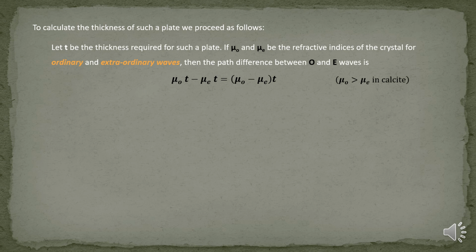Since mu O is greater than mu E in calcite crystal, for a quarter wave plate, this distance should be lambda by 4. (mu O minus mu E) into t is equal to lambda by 4. From this, the thickness of quarter wave plate t is equal to lambda by 4 into (mu O minus mu E).